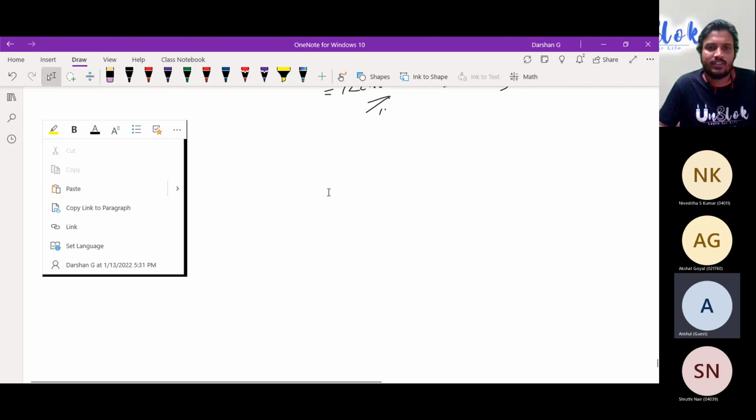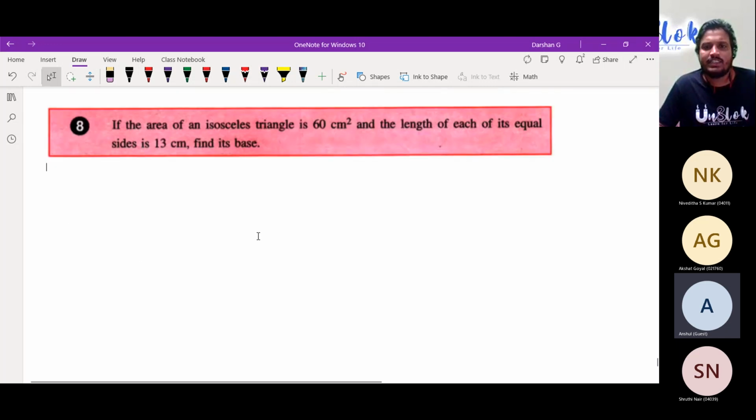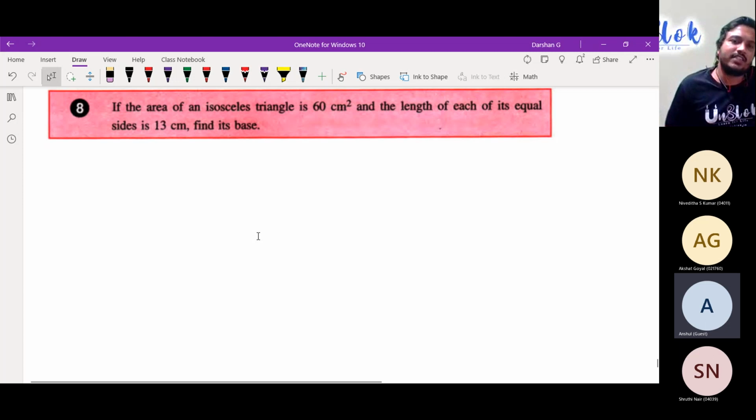Come on, be faster to find this question. The area of isosceles triangle is 60 centimeter square and the length of each side is equals to 13 centimeter. Find its base.